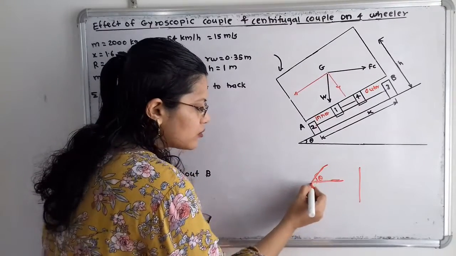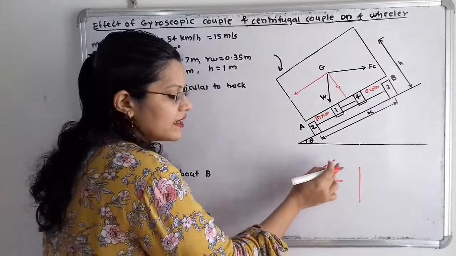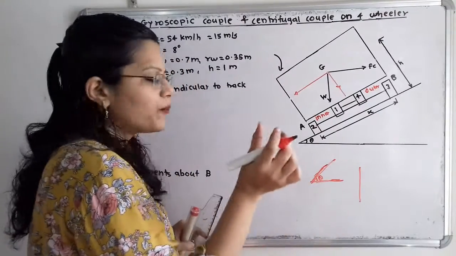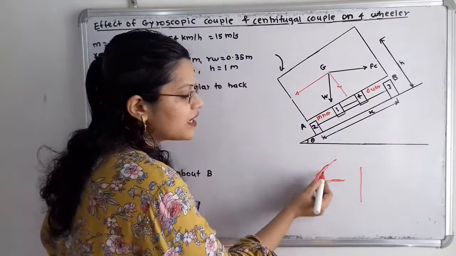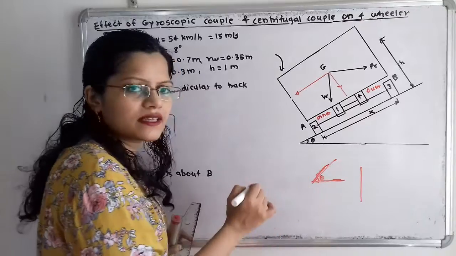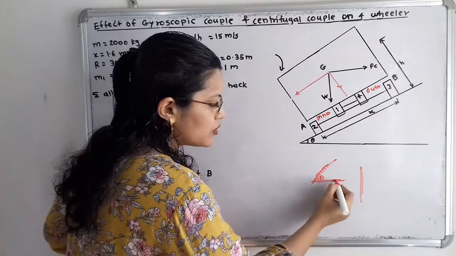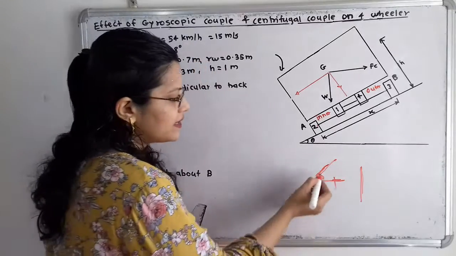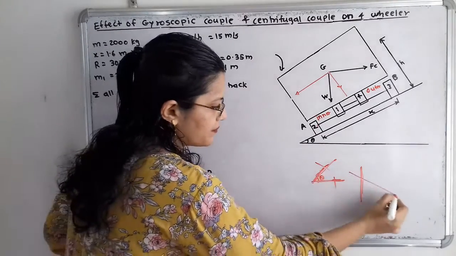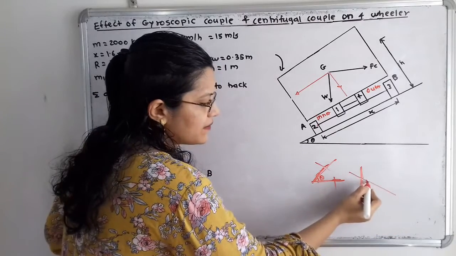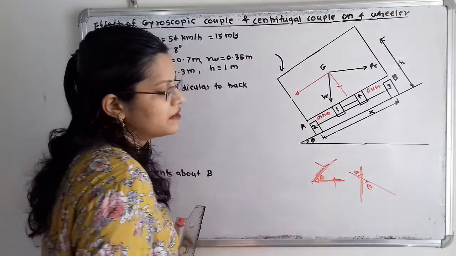Now if I draw one perpendicular line to this inclined line, then at the point of intersection, the angle between the perpendicular lines will give us the same angle theta. So here will also be angle theta.